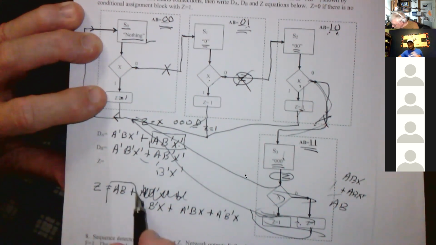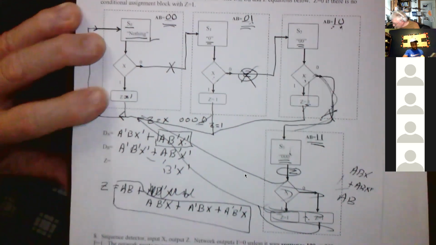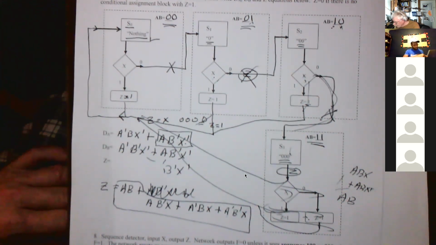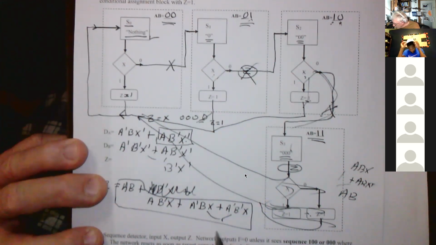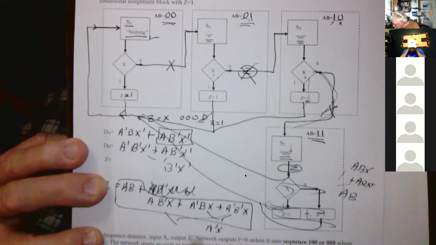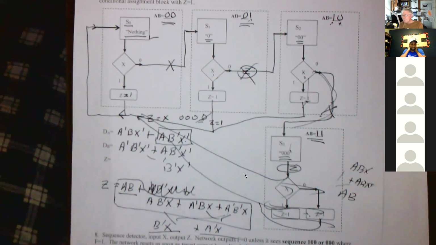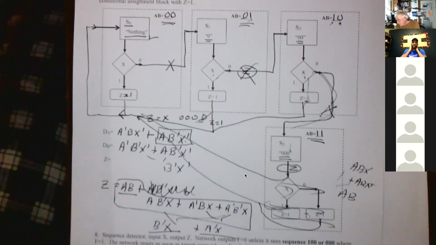So this is the final answer for that. Okay, and we can combine these two, and we can combine these two. So these two will combine to A prime X, and these two will combine to B prime X. So it's AB plus B prime X plus A prime X. And we can put this in a K-map to reduce it.